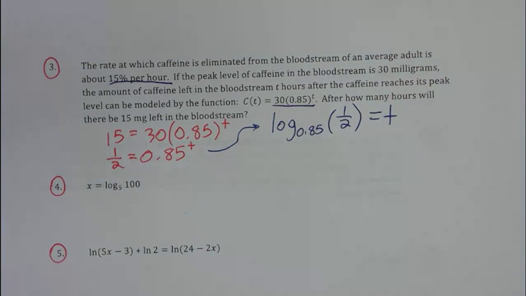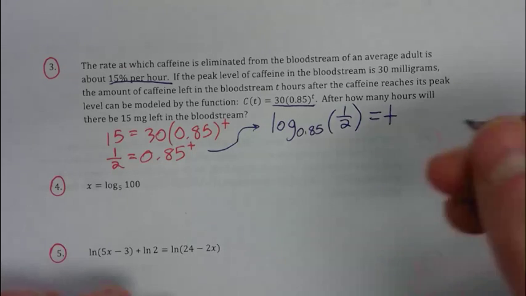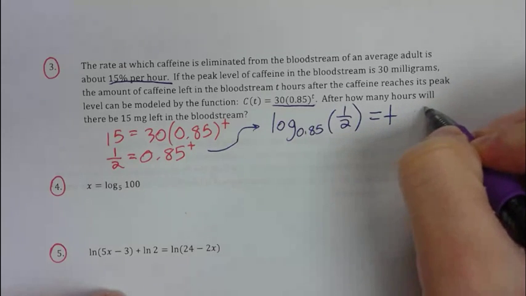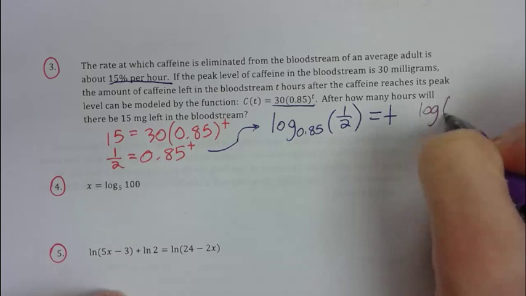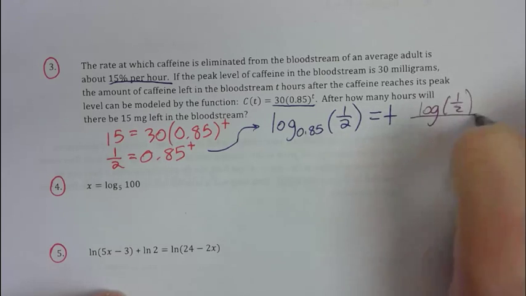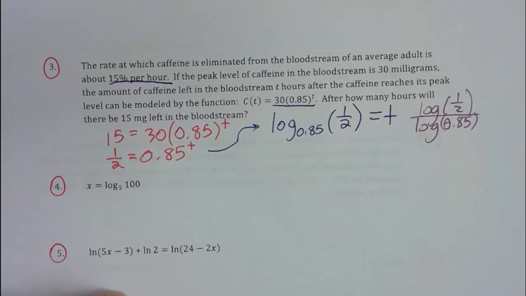And then we're going to use our change of base formula, or you can use the log base function on your calculator, to write out our answer as the log of 1/2 divided by the log of 0.85. No matter what method you do, you'd end up with that being your answer.